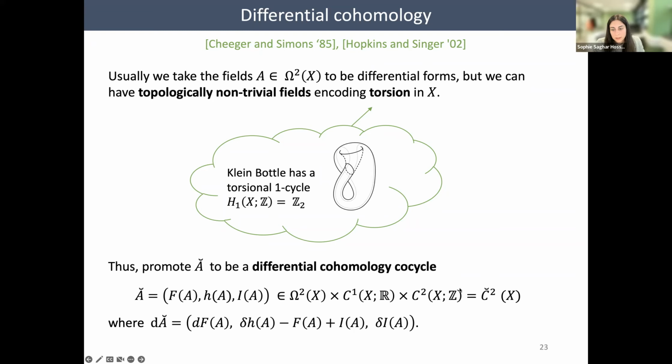And if you have torsion, you have to look at the singular cohomology part. Sorry, I'm not sure if that's satisfying. Okay, thanks.